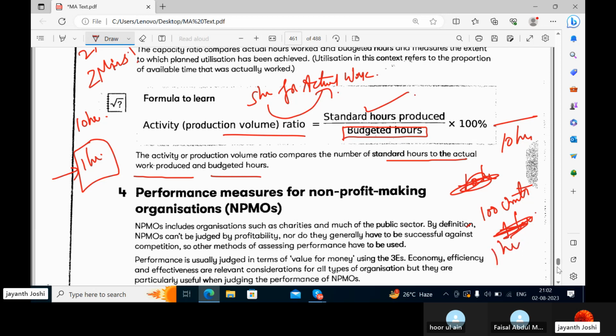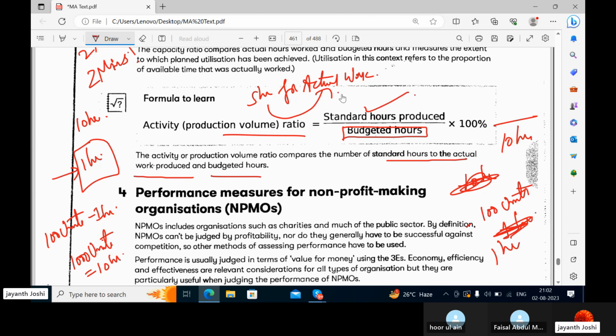So I'll write here 100 units, 1 hour. The standard output we usually make in our company is 1000 units. For 1000 units, how many hours will it take? 10 hours. That is your budgeted hours.